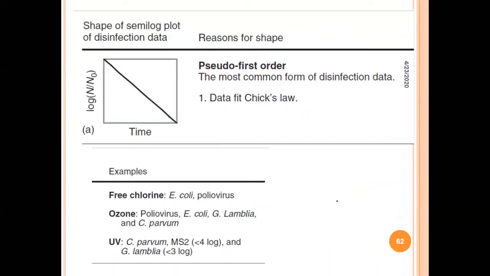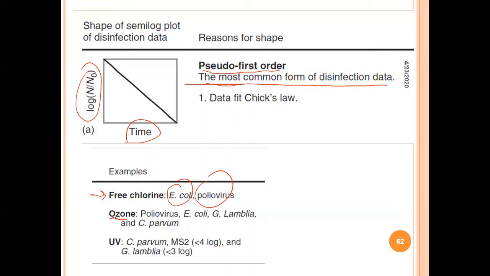Okay, this Chick law, which is a pseudo first order law, means inactivation has a linear relationship with time. This is the most common form of the model we use for disinfection data. For example, if we are using chlorine to kill E. coli or poliovirus, this model is valid.